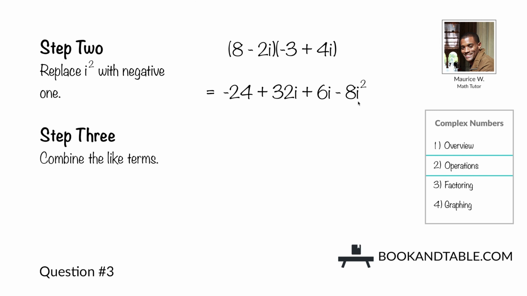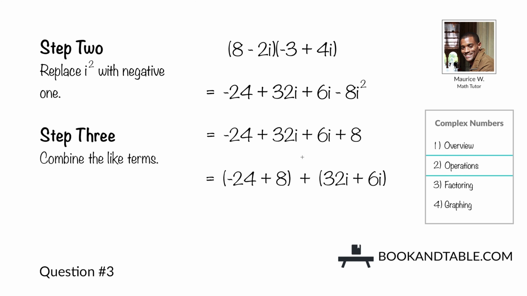So now we'll want to replace i squared with negative 1, giving us negative 8 times negative 1, which is equal to positive 8. So we have two real numbers, negative 24 and positive 8. So we'll be combining those, and we add that to our imaginary numbers, 32i and 6i.